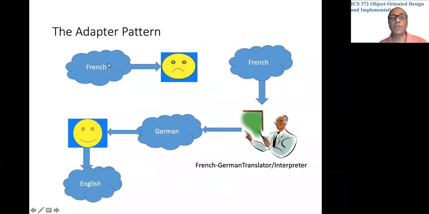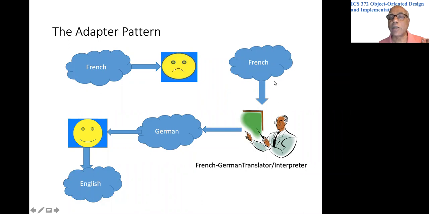So although this individual cannot understand French, the interpreter can interpret the French into German, and then this person can understand that German and think in English.